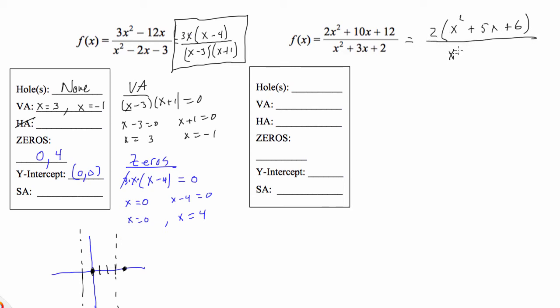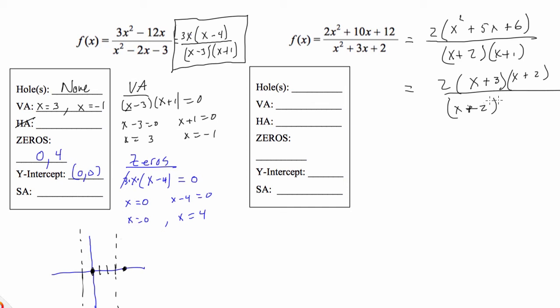Okay, the bottom then, (x plus 2)(x plus 1). And then I still need to factor the top a little bit into (x plus 3)(x plus 2).